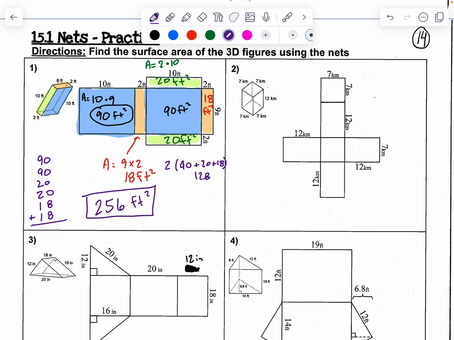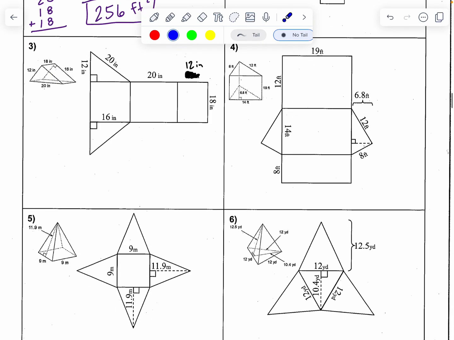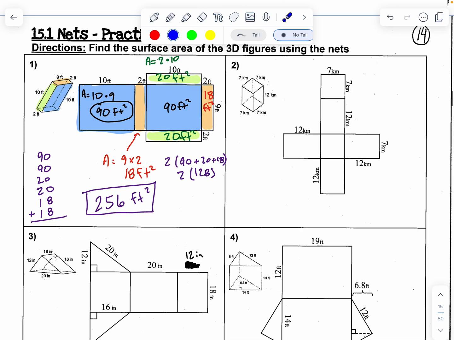And 128 times 2 is also going to be 256. So either way is going to work. But no, this method does not work all the time. The only reason this worked is because there are two 90s, two 20s, and two 18s. You're not going to use that for, you know, this or that. So just be aware.